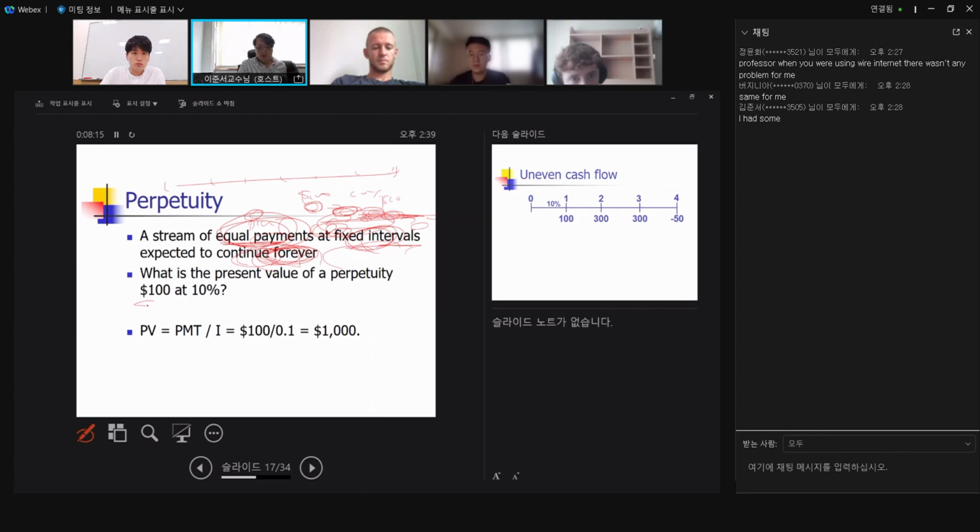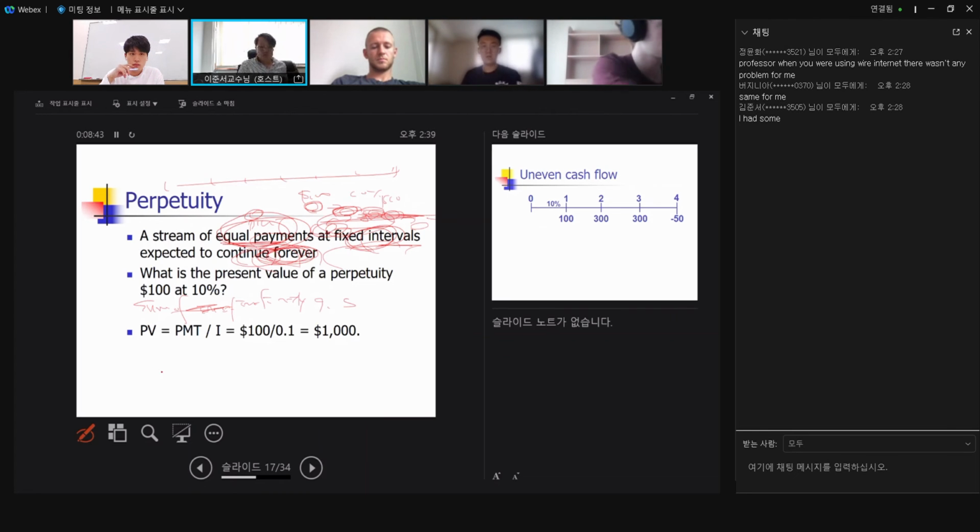This is the sum of an infinite geometric series. When we calculate the annuity, we use the sum of a finite geometric series. But if you want to calculate the perpetuity, we need to use the sum of an infinite geometric series. What is the sum of an infinite geometric series?